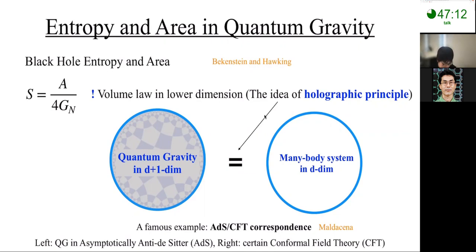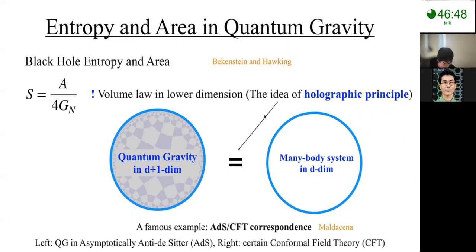It was found by Bekenstein, and later Hawking fixed the overall coefficient. It sounds a bit strange because although a black hole seems to be a very high energy excited state, its entropy is proportional to the area, not the volume. But if we take it seriously, this gives us the idea of the holographic principle.